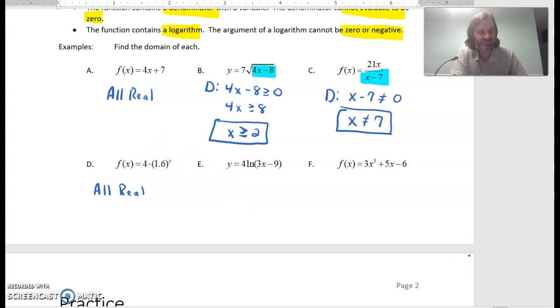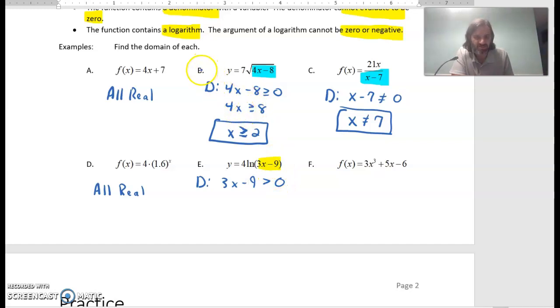Okay. E, y equals 4 times the natural log of 3x minus 9. Three questions. Is there a root? No. Is there a denominator? No. Is there a logarithm? Yes. So the thing inside the logarithm, the argument, cannot be 0 or negative. So we take the thing inside there, 3x minus 9, and say 3x minus 9 is greater than 0.